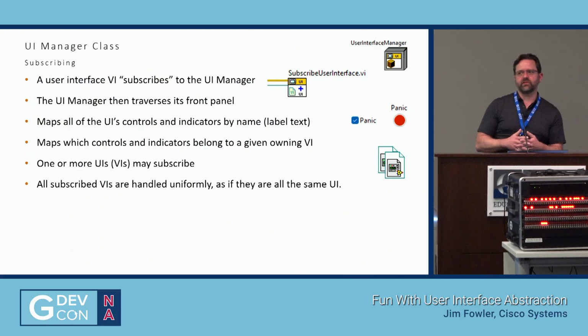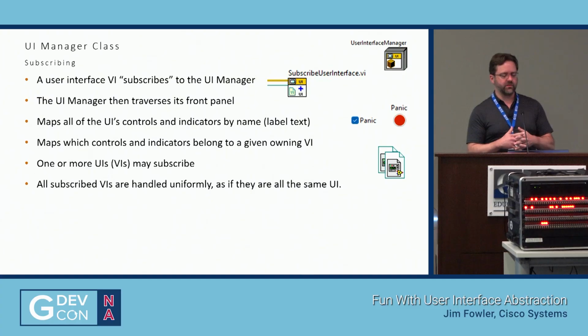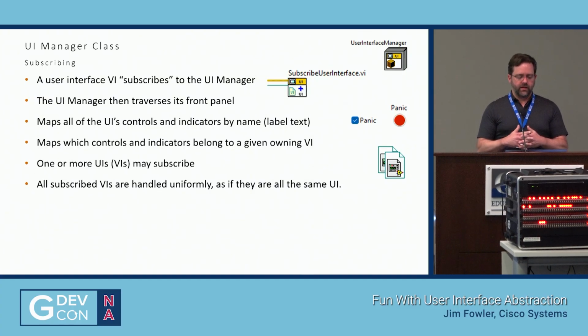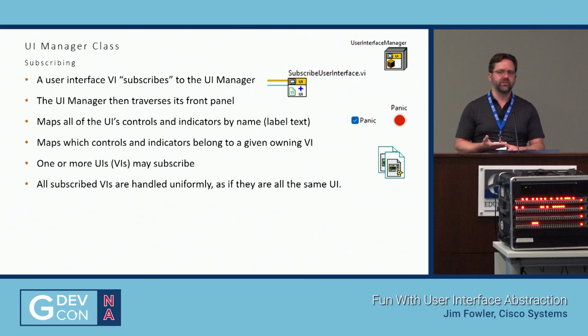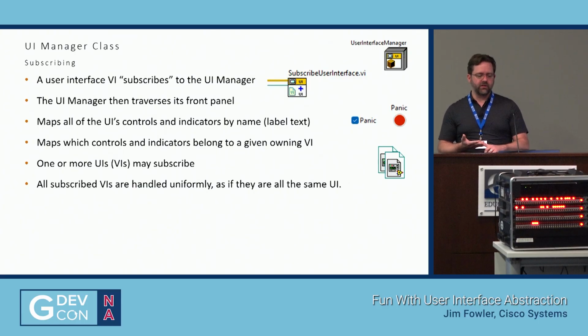So the way I wrote this is that a user interface VI can subscribe to the UI manager. Then the UI manager, as I just said, traverses the front panel and pulls in all the controls. For this implementation, it pulls in the control index, the reference, and maps all these things, and of course the name and the class.